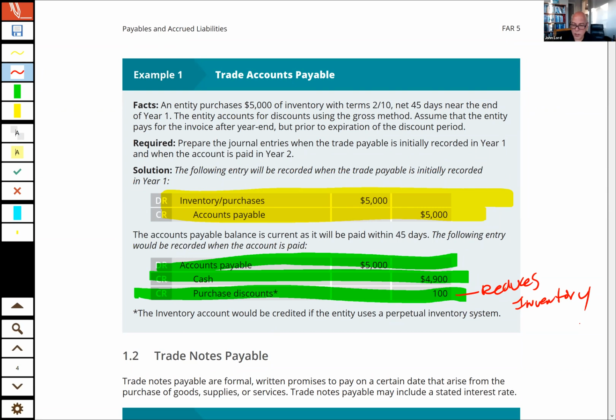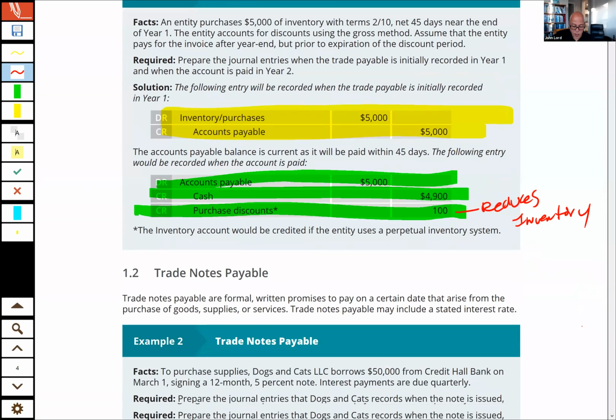So eventually, any amounts that you have as purchase discounts that end up getting reported on the financial statement, you don't report the purchases account on the financial statement. So that difference ultimately reduces inventory. Just remember that whether you're using perpetual or periodic, any discount on the inventory reduces the inventory account on the balance sheet. Okay, all right, good.